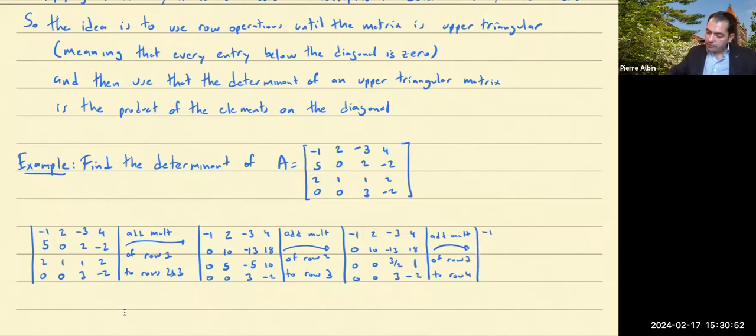And so nothing happens to the first row, nothing happens to the second row, nothing happens to the third row. And this one, I'm going to multiply this row by -2 and add it to this one. So I end up with 0, 0, 0, and then -4.